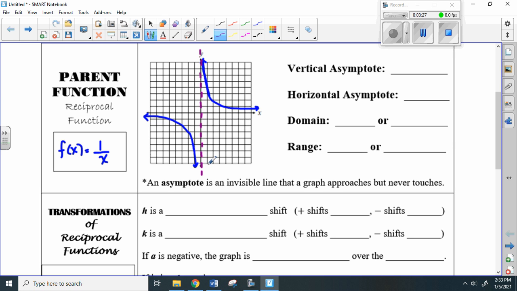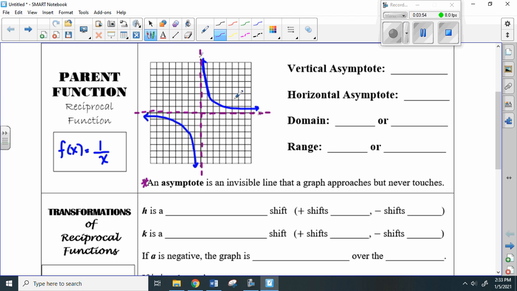But if you look back at Desmos, you actually could not see them, because an asymptote is just an invisible line that the graph never crosses or touches.